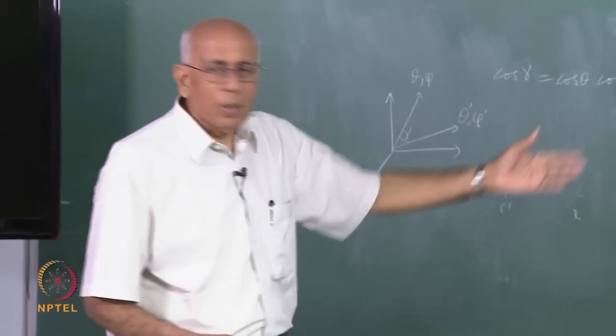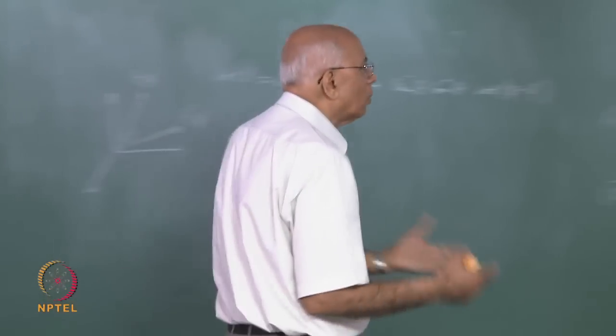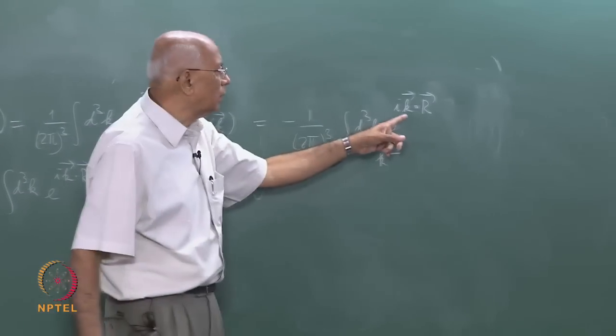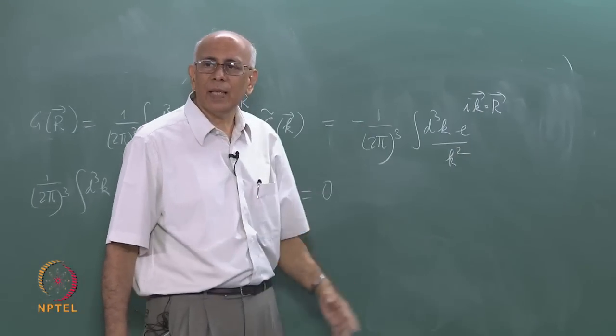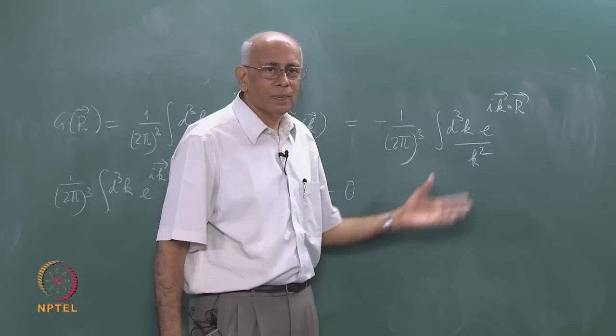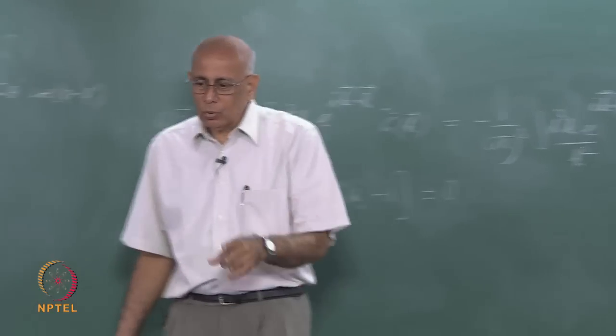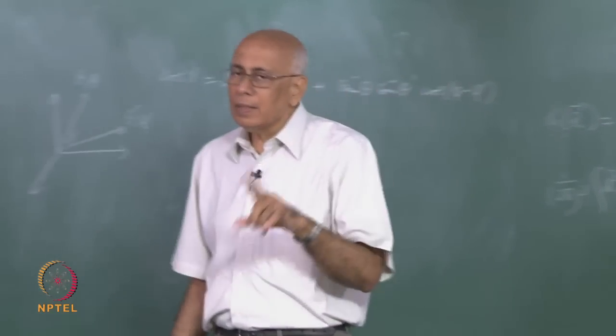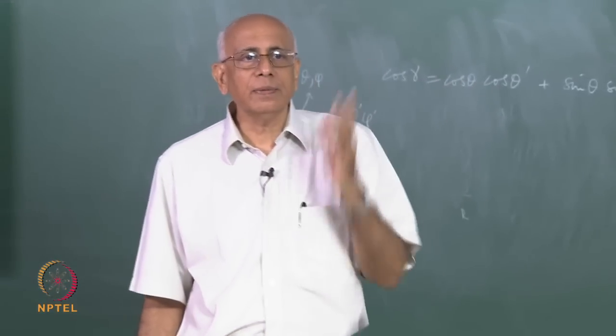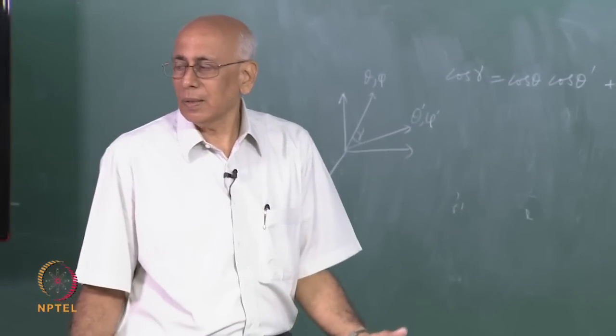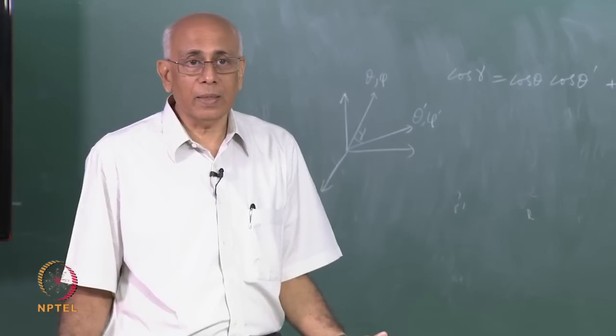Now what is the vector that is sticking out? k is integrated over, so what vector is sticking out? The r vector. So let me choose the polar axis in k space along this vector r. You can always do that.